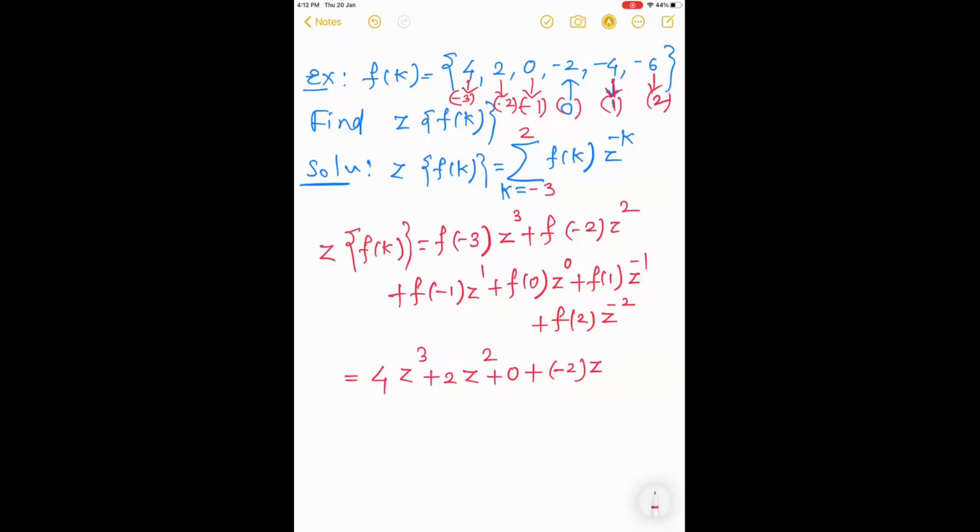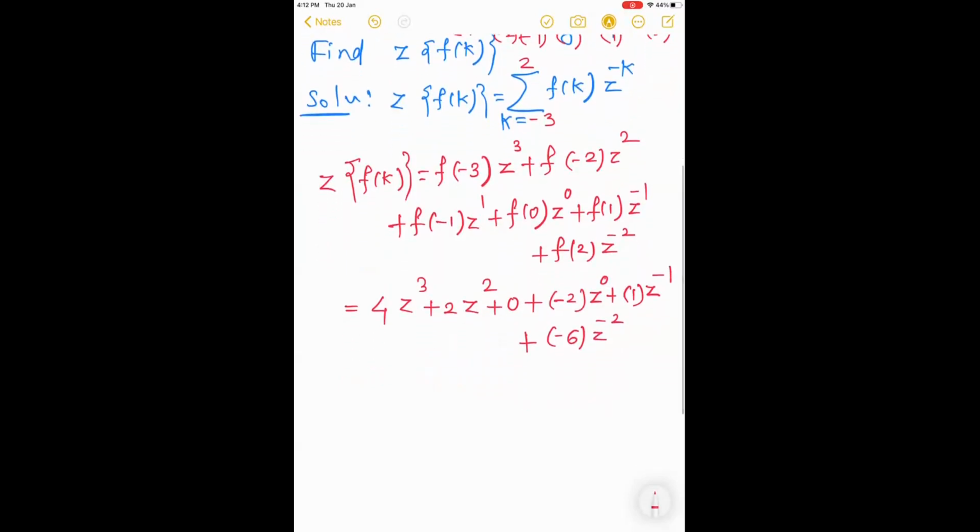So this is the next position. First position -3, then -2, then -1, then the 0th position. This is -2 into z raised to 0. Z raised to 0 is of course 1, plus 1 into bracket z raised to -1, plus the last term, that is -6 into z raised to -2.